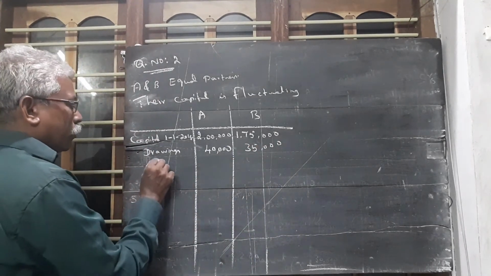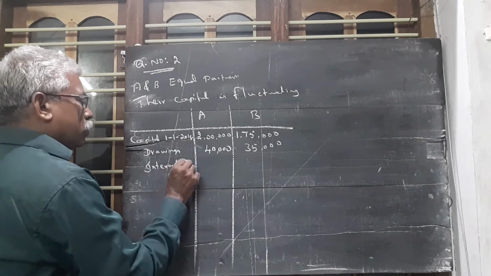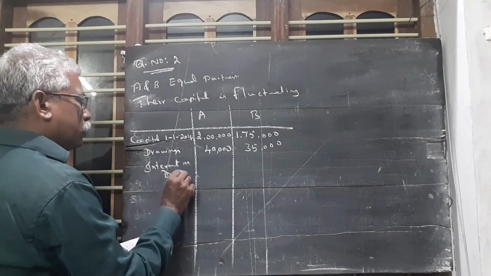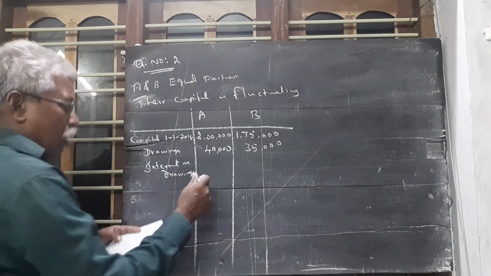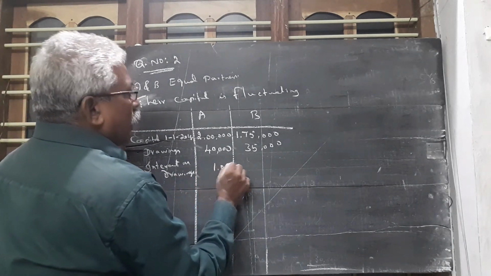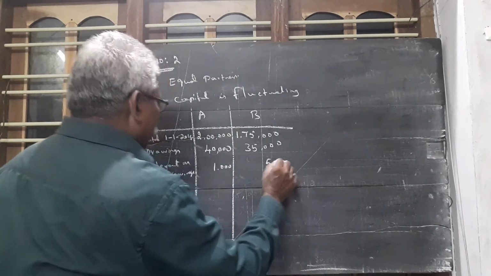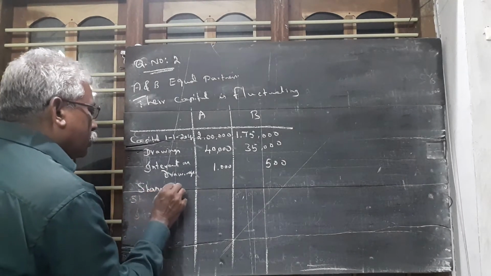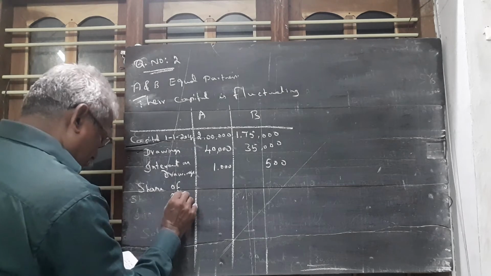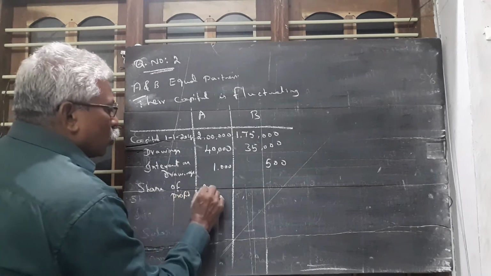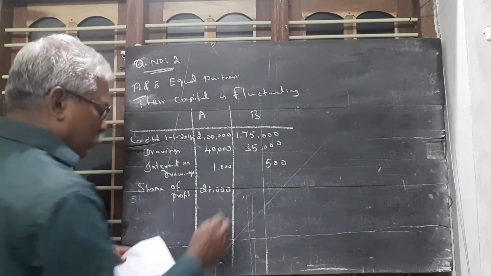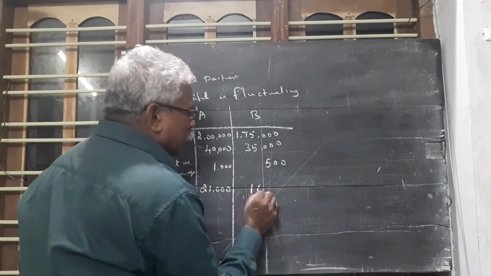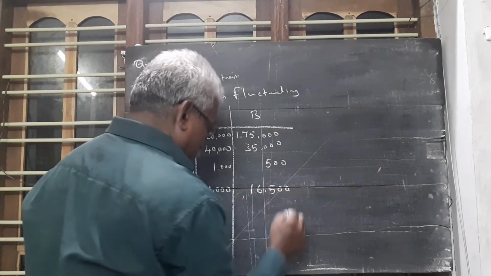Interest on drawings: 1,000 for A and 500 for B. Then share of profit: A 21,000, B 16,500.